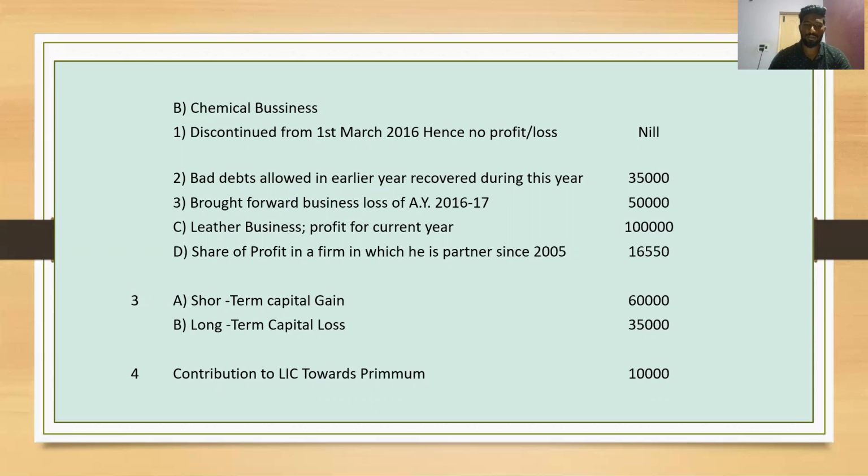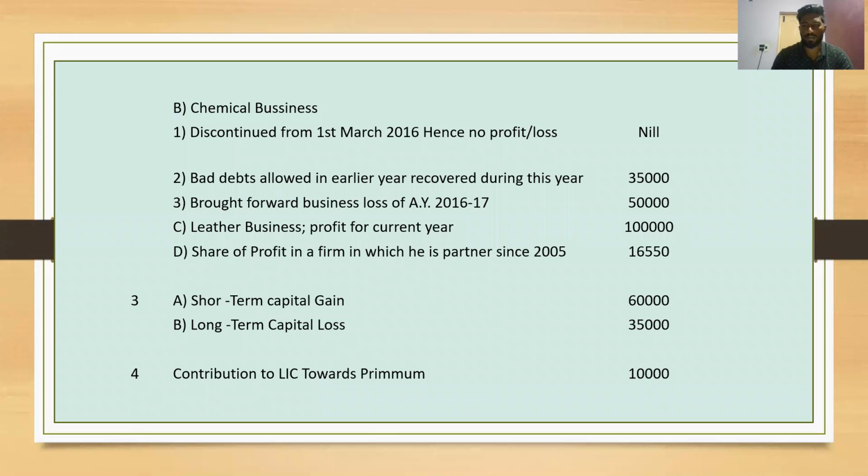Brought forward losses for assessment year 16-17 is 50,000. The leather business profit for the current year is 1 lakh rupees. Share of profit in a firm in which he is a partner since 2005 is rupees 16,550.